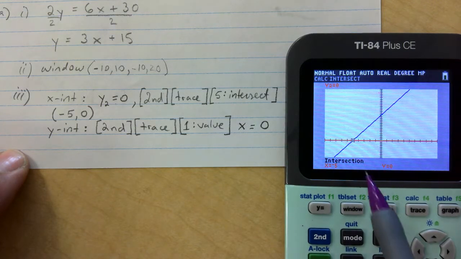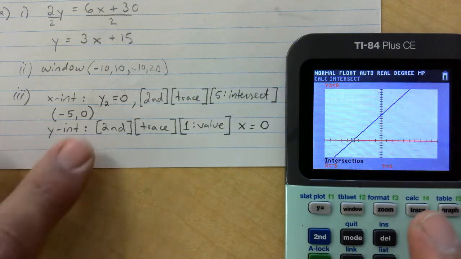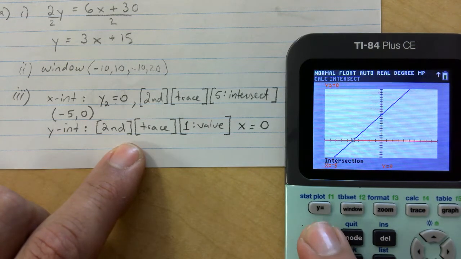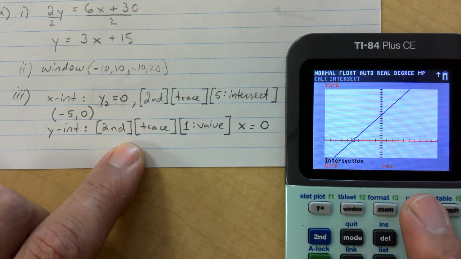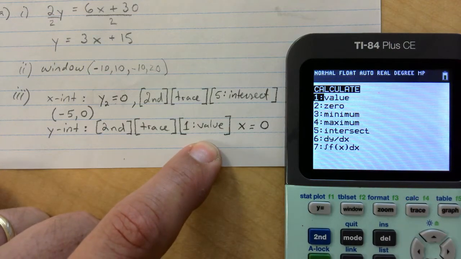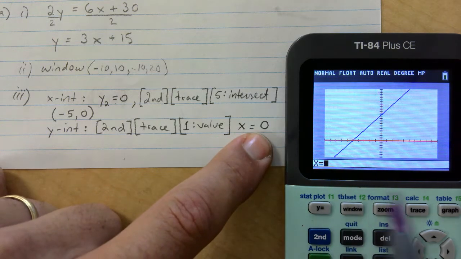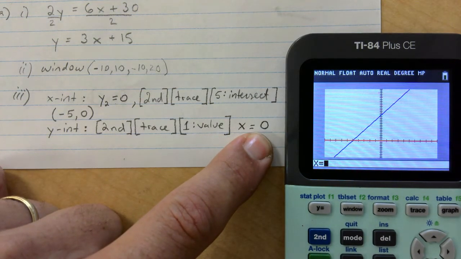Anyways, let's find our y-intercept, which is up here. It's done differently. So let's follow the steps here. Second, trace, value. So you press 1, and watch. It's saying, give me an x value. Okay. We're going to x is equal to 0 in this case. So you just hit 0 and press enter.